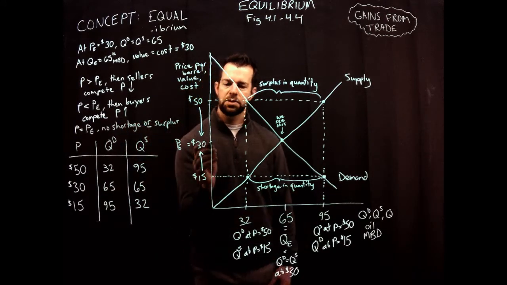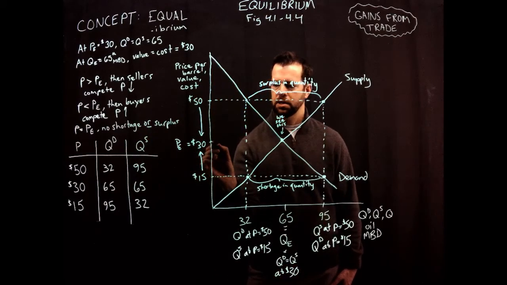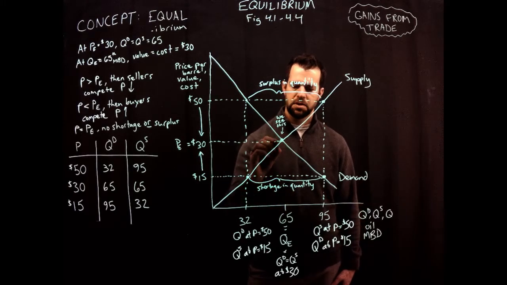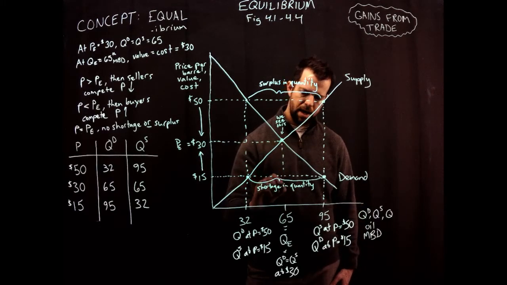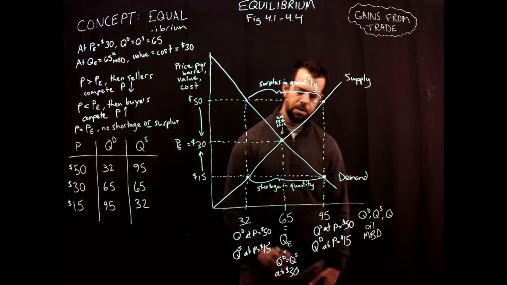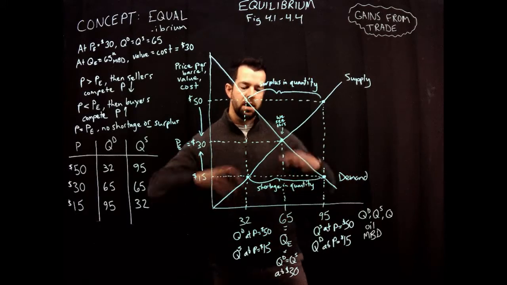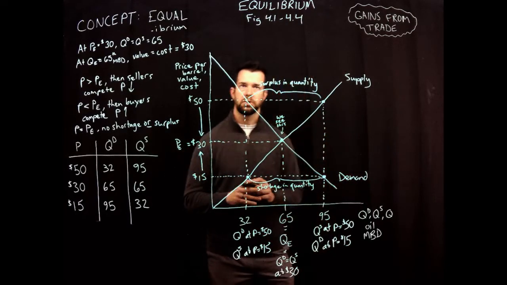So when we reach this $30 price, the equilibrium price, it hits the demand curve and the supply curve at the same point at 65 million barrels of oil. And so quantity demanded equals quantity supplied, no shortage, no surplus.